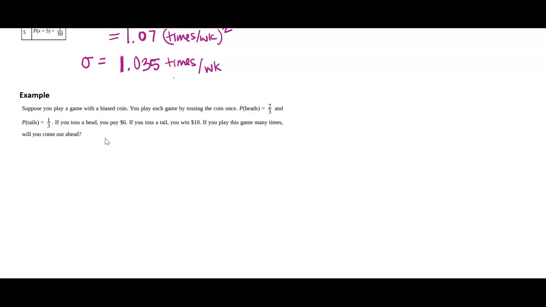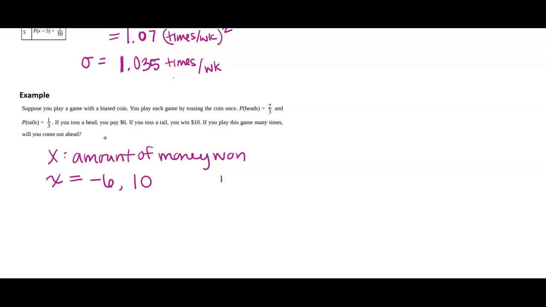So let's think about this. In this case, X is the amount of money won, where little x has two values. If you pay $6, then you have lost $6, or you can win.